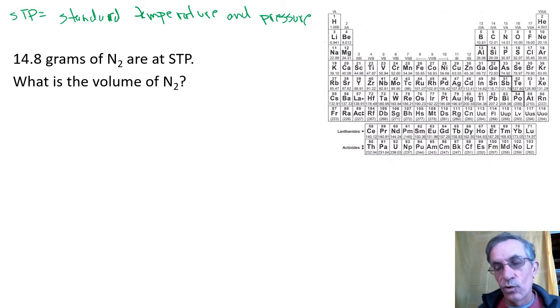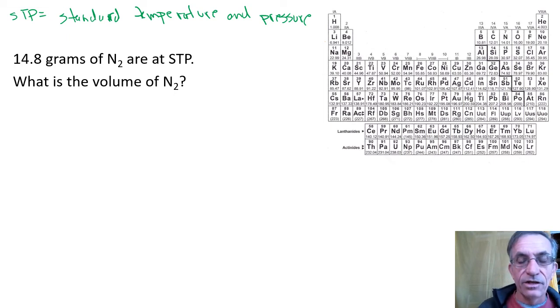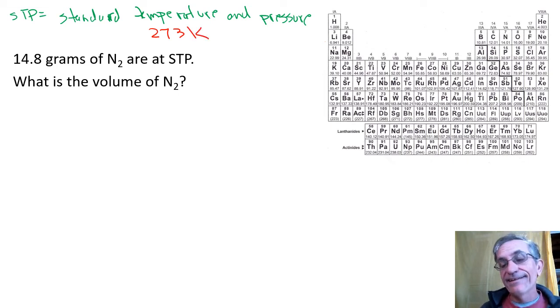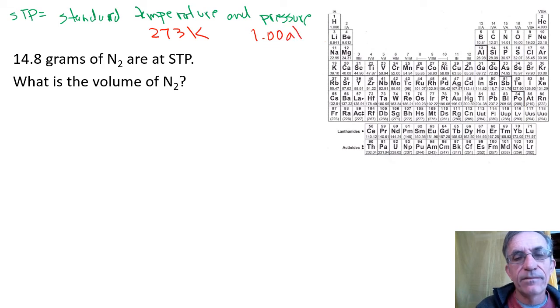So what do we consider normal? You're going to need a number, you can't just put in "normal." Standard temperature is 273 Kelvin, and standard pressure is 1 atmosphere. So that's what that means. Really, that's a secret way of telling you the temperature and the pressure.